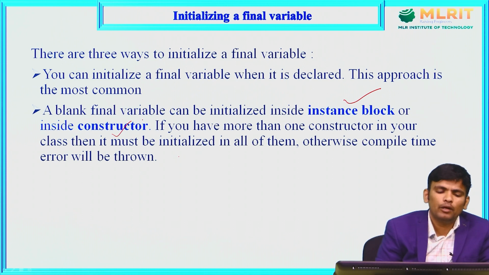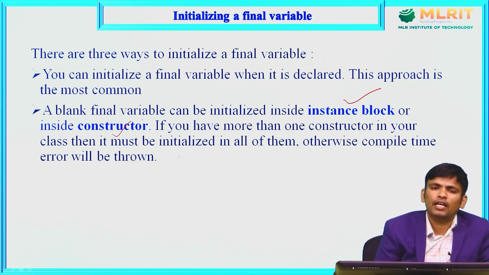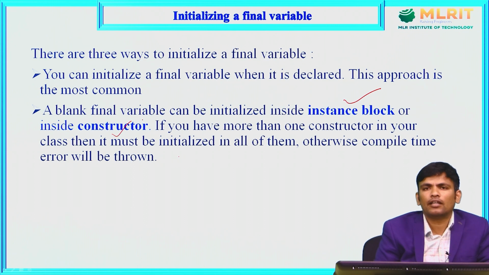And remember, whenever you are initializing the instance variable in the constructor, suppose you have 2 or 3 constructors, then initialization in every constructor is mandatory. If you initialize in only one constructor but not the other constructors, it leads to a compile time error. However many constructors there are in your program, that many times the final variable's initialization is mandatory. Or else you can initialize within the instance block.